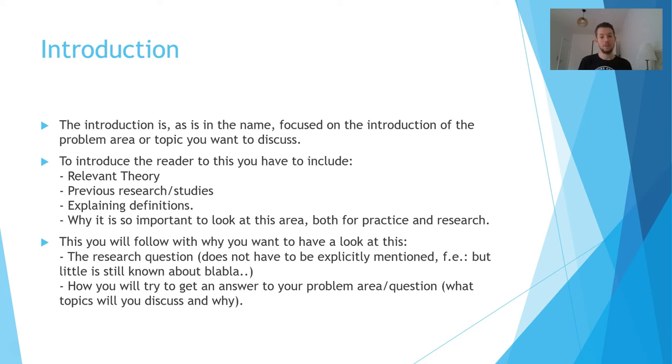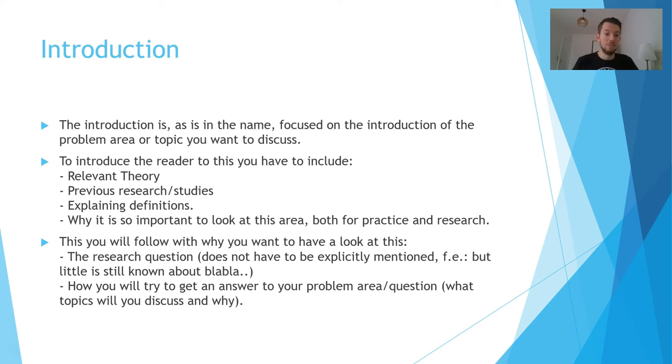This you will follow with why you want to have a look at this. At the end of the introduction, you would introduce the research questions. So you mention, for example, that little research has been done about collaborative learning or cognitive development in a geography setting. I'm just making something up. So that's the reason why you want to write about that right now.